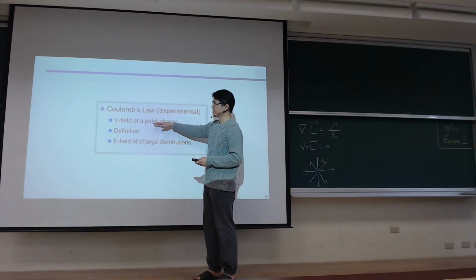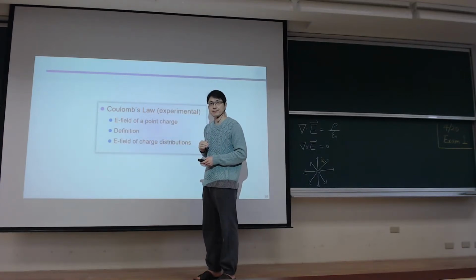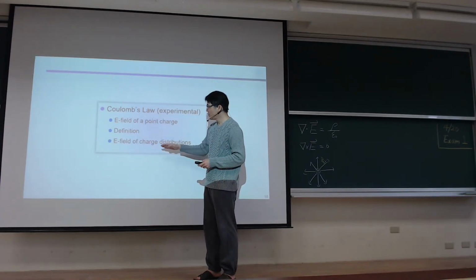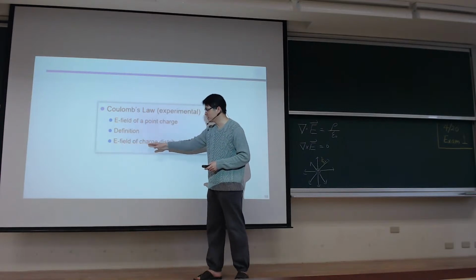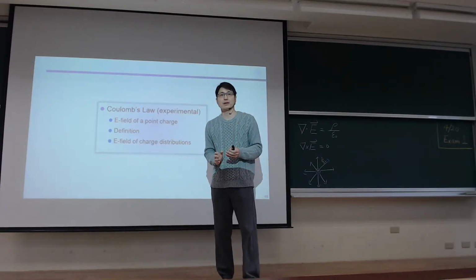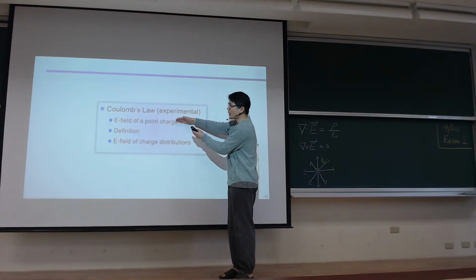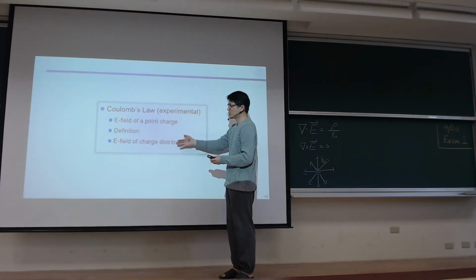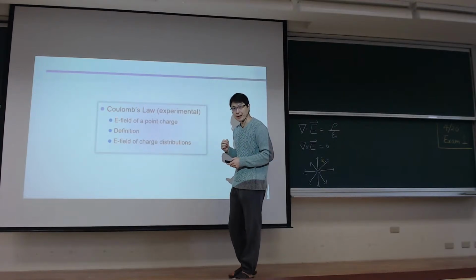After we find the E field of the point charge, I'll give you the definition of Coulomb's law. Then we can use Coulomb's law to find the field distribution for some charge distributions. So we start from a point charge, and gradually we expand to charge distributions. Right?